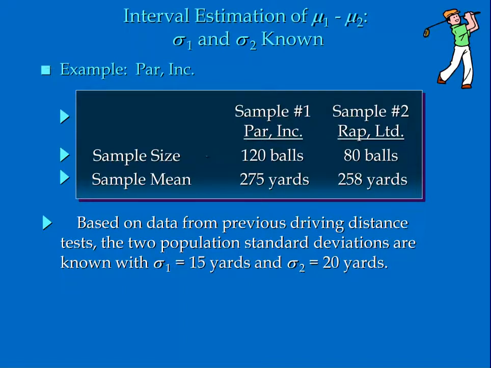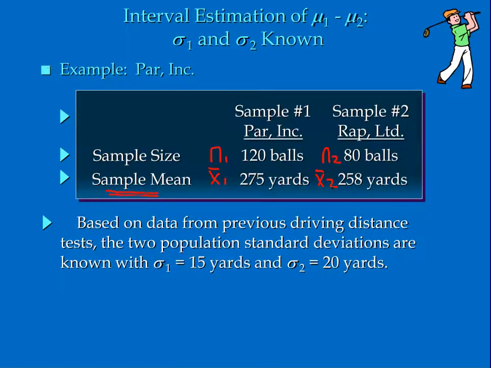So I'm putting in some extra notation: sample size for sample 1, n1, and sample size for sample 2, n2. The sample mean of sample 1 is x bar 1, not mu1, and likewise x bar 2. So 275 yards and 258 yards. Seemingly there would be a difference of about 17 yards.